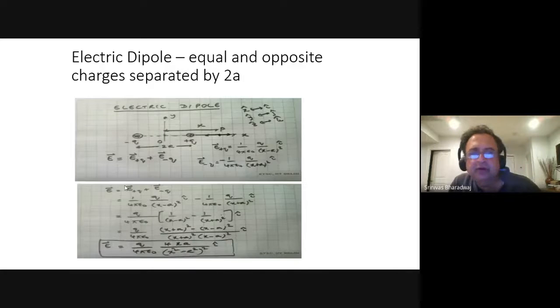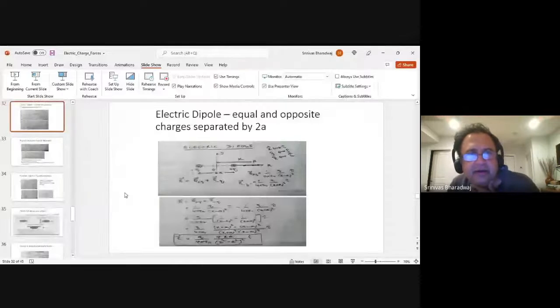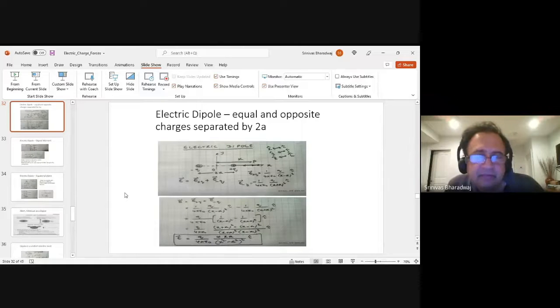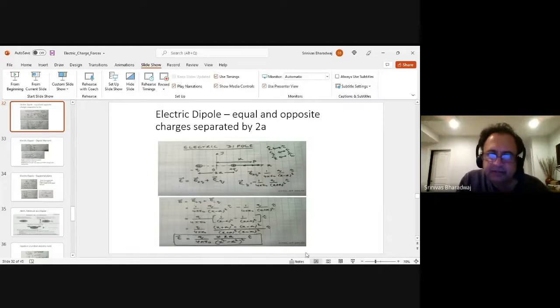So understand electric dipole and then go from there. These things are worth learning well, so invest your time and effort in building a significant knowledge base so you understand electric fields.